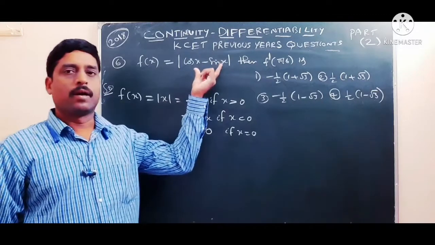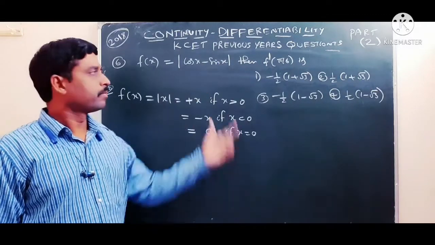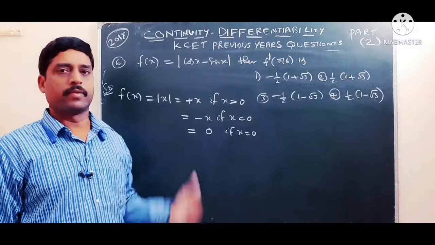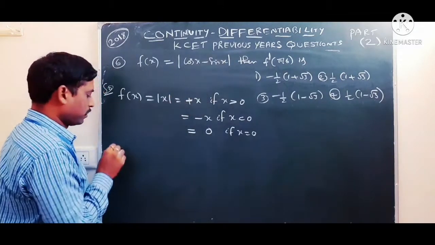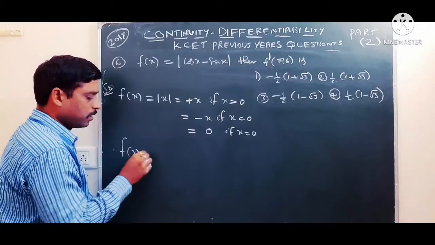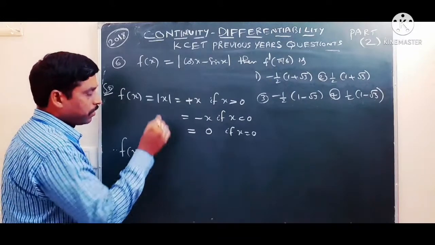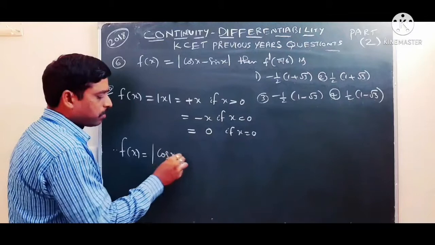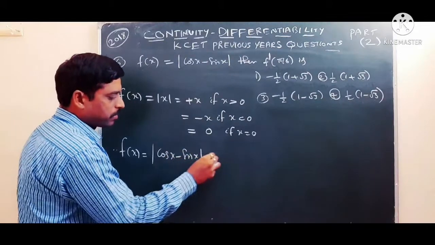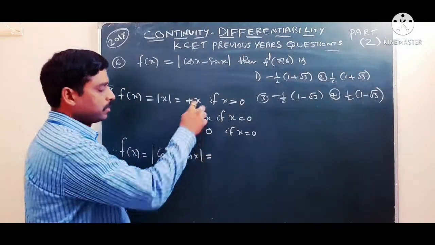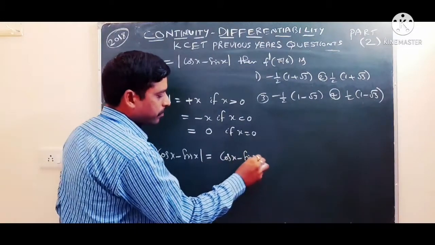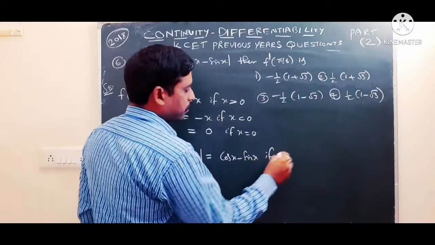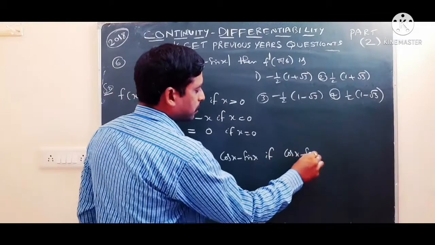Here cos x minus sin x is given, so on replacing x by cos x minus sin x, f of x is equal to cos x minus sin x, if cos x minus sin x is greater than 0.